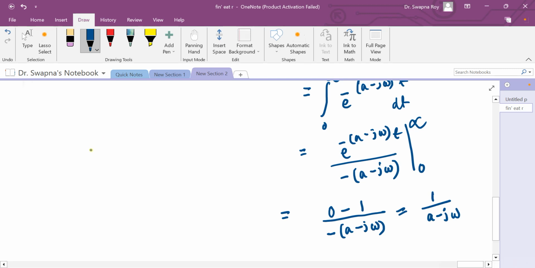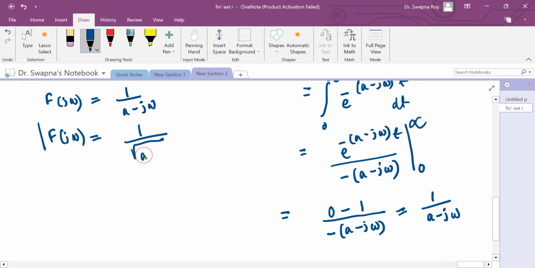Now what is the magnitude of F(j omega)? F(j omega) is equal to 1 by a minus j omega. So the magnitude of F(j omega) is equal to 1 by root of a square plus omega square.